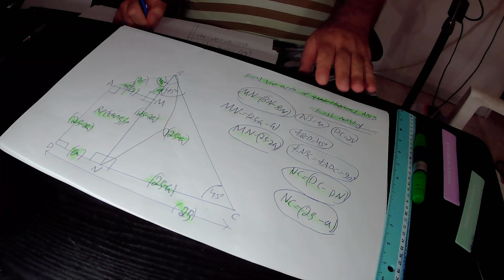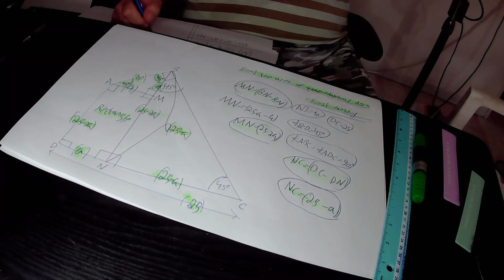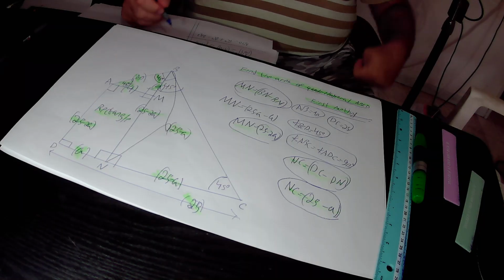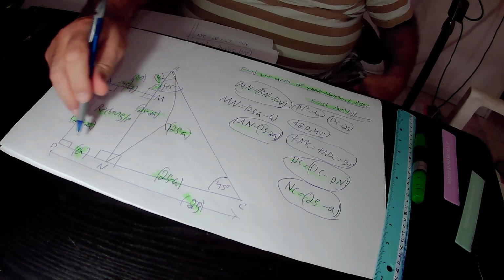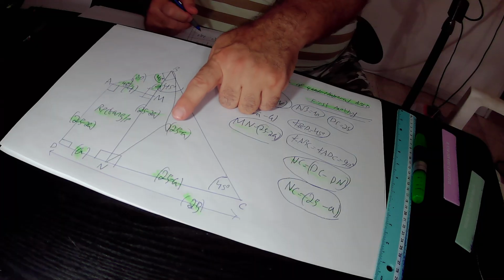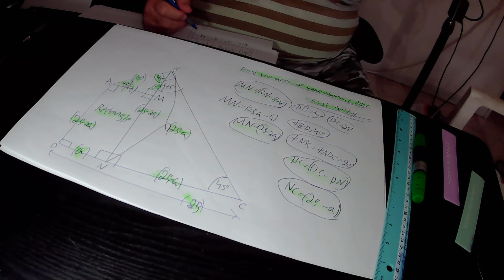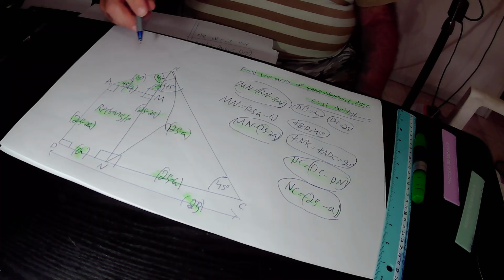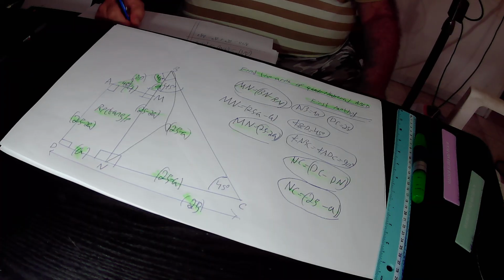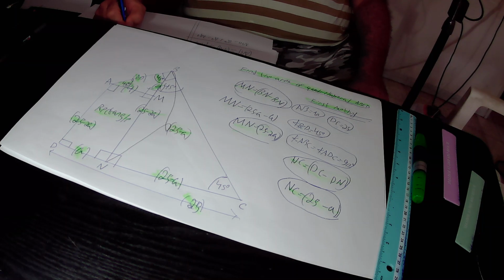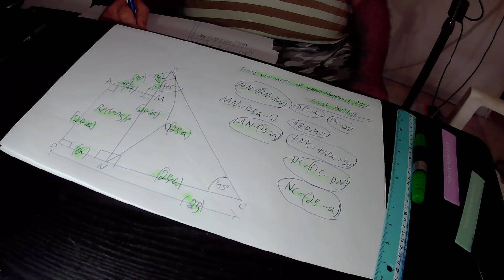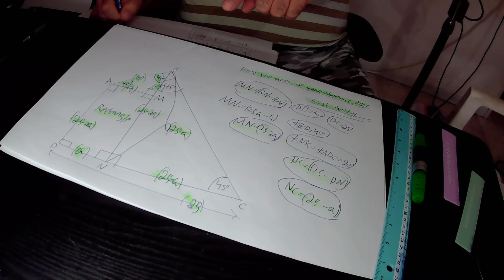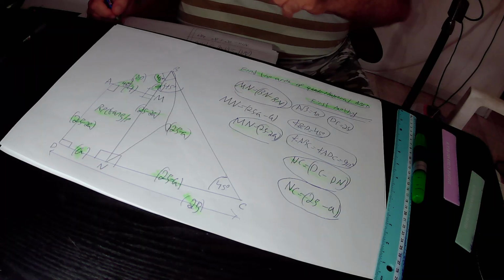From the drawing it is very easy to see that the area of quadrilateral ABCD in total is equal to the area of trapezoid ABND plus the area of this right triangle BNC.